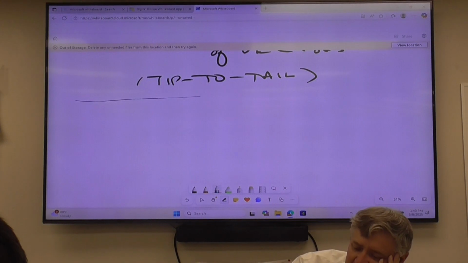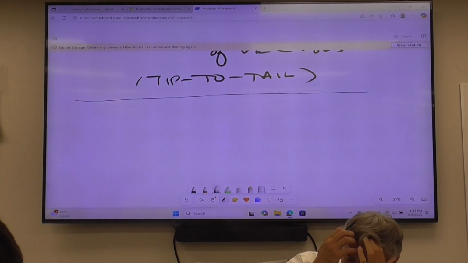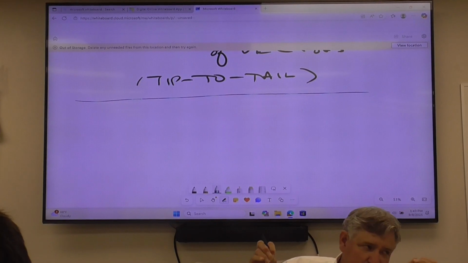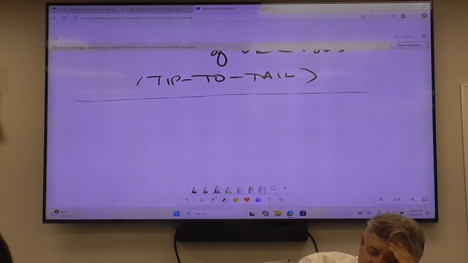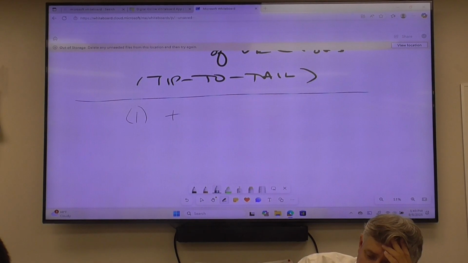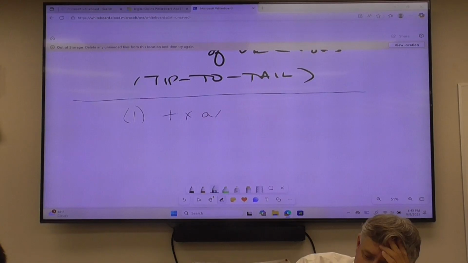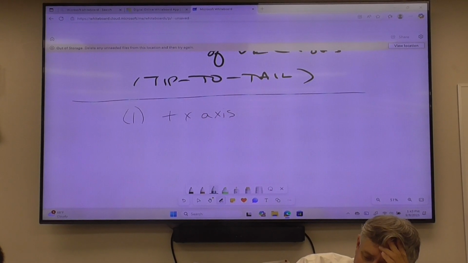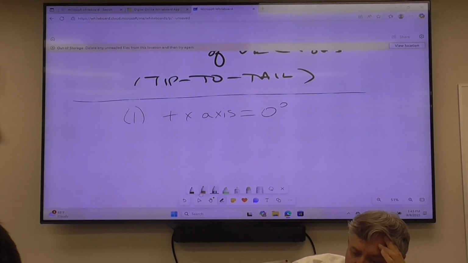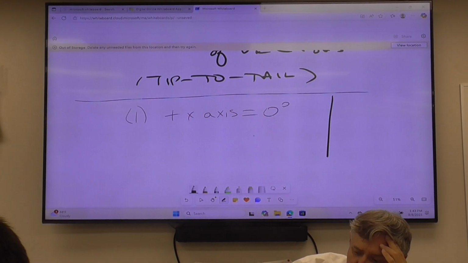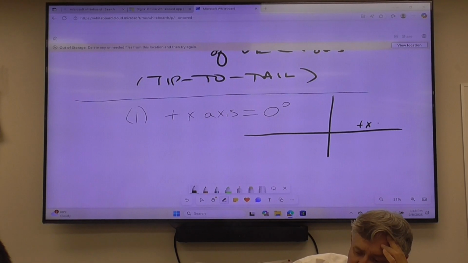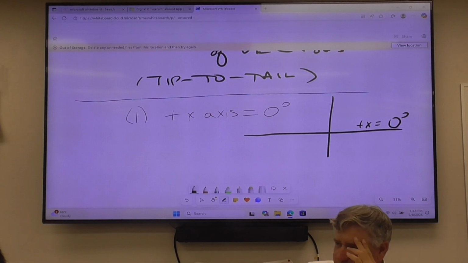So the first thing we have to do in this example is establish a set of rules in terms of how we're going to handle angles. So the first rule of vectors is that the positive x-axis is equal to 0 degrees. So if you look at an x and y coordinate system, this positive x-axis will always be defined as 0 degrees.